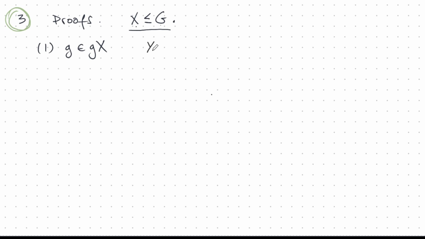Okay, so X is a subgroup, and that implies that the identity must be an element in X, because that's just the way subgroups are. And now if I multiply both sides of this by g, I get ge is an element of the coset gX.